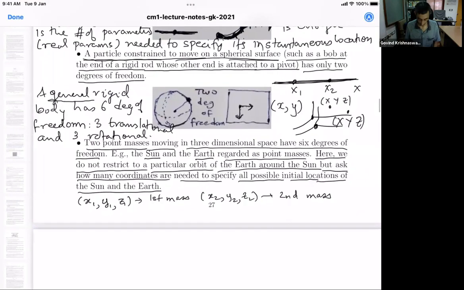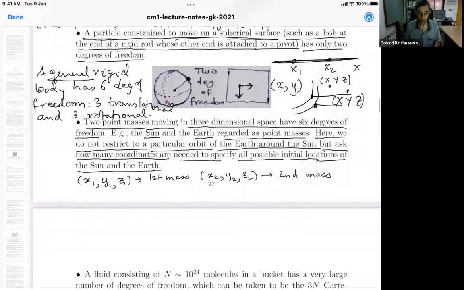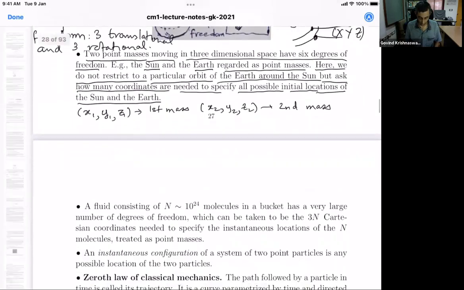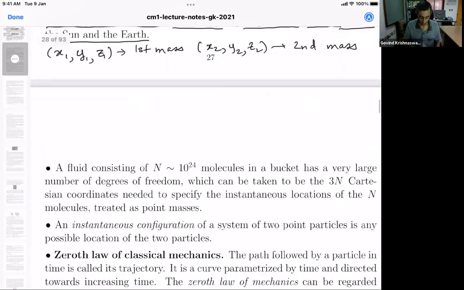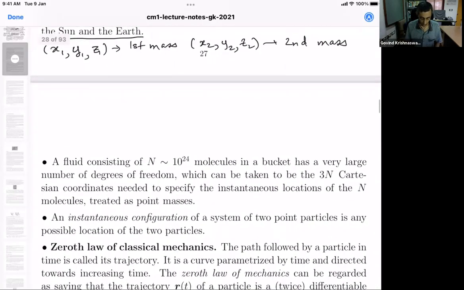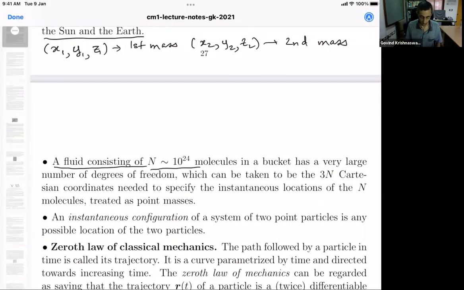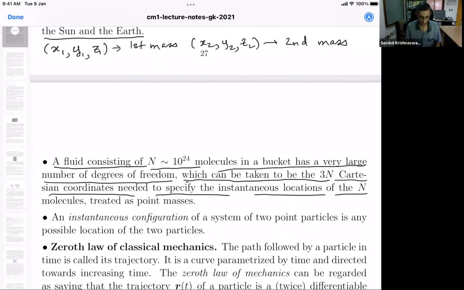Okay, so let's go to a system with somewhat more degrees of freedom. A fluid consisting of, say, 10 to the power of 24 molecules in a bucket has clearly a very large number of degrees of freedom. We can take them to be the 3n Cartesian coordinates needed to specify the instantaneous locations of each of the n molecules treated as point masses.